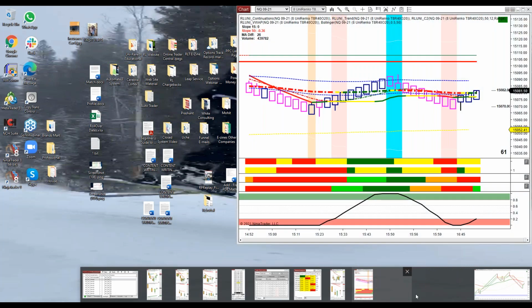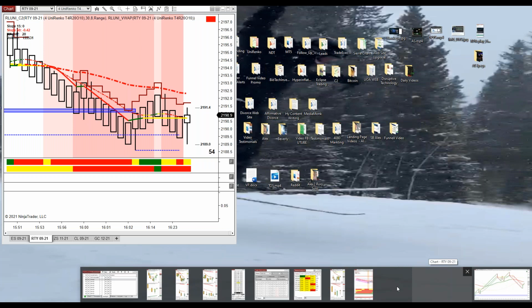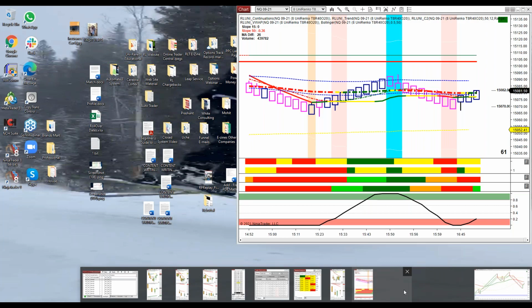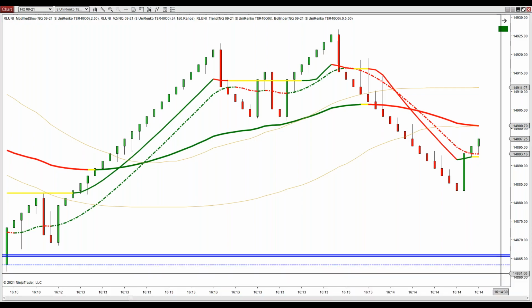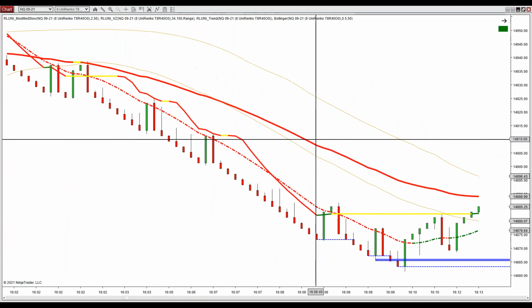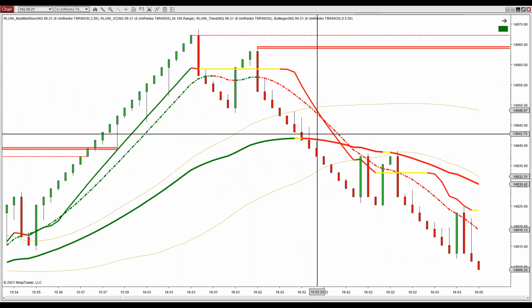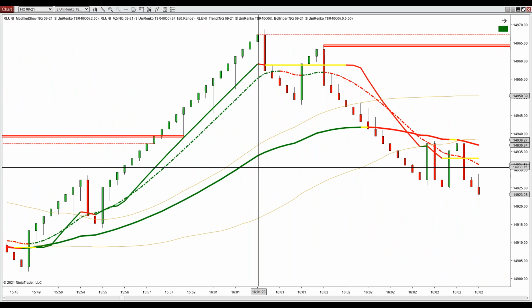Let me find the chart. Oh, here it is. I got it. What you see in front of you is the only thing that the aggressive is using. Nothing else.